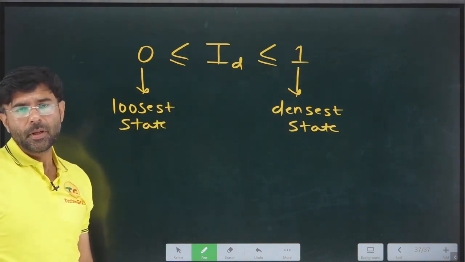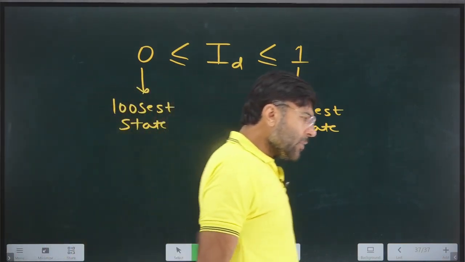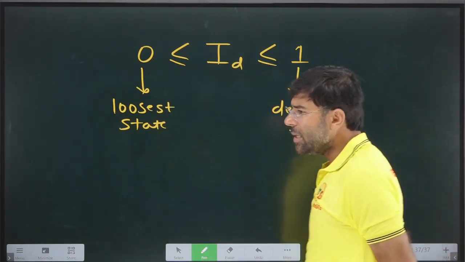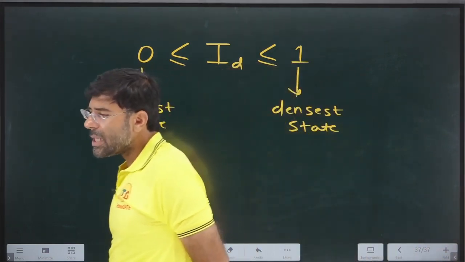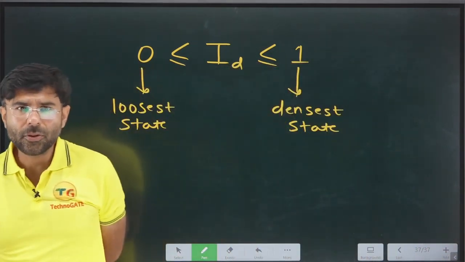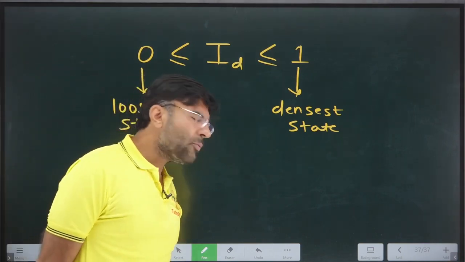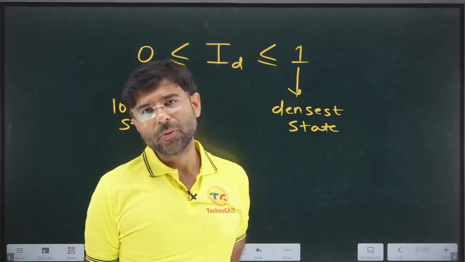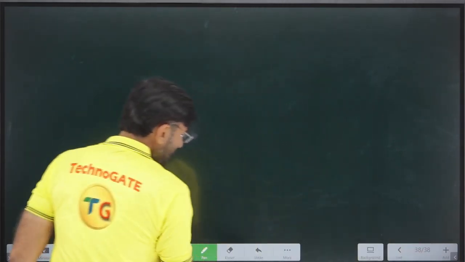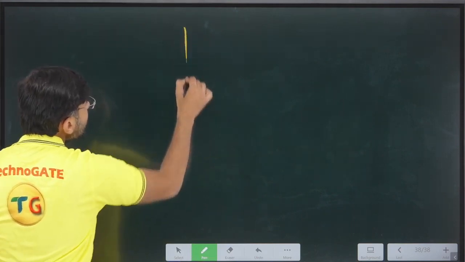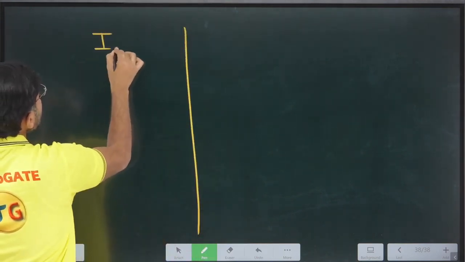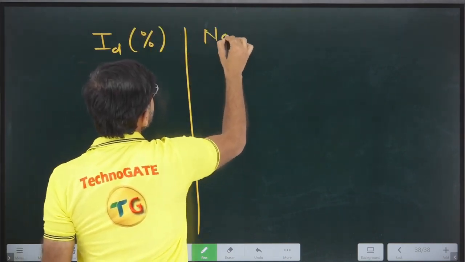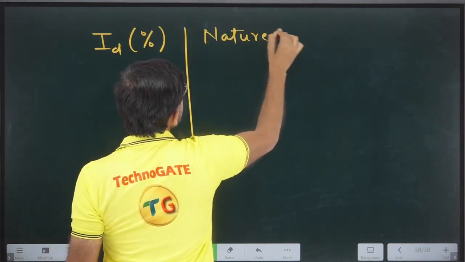Now, how can this value be utilized for the classification of the soil? Since density index is an index property, how can this property be utilized to classify the soil? For this, I'll give you some certain values of density index, and from those values you can classify your soil. See how. I'm writing over here some values of density index. Here I am writing the value of density index in percentage, and here I am writing the nature of soil.